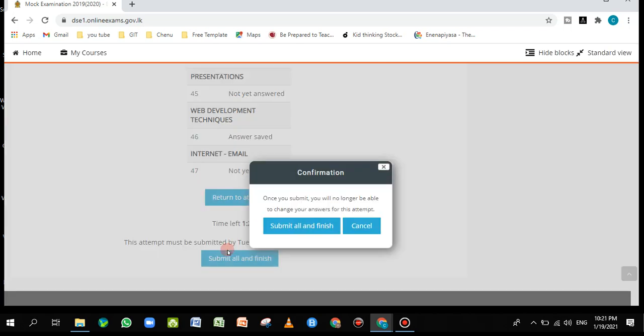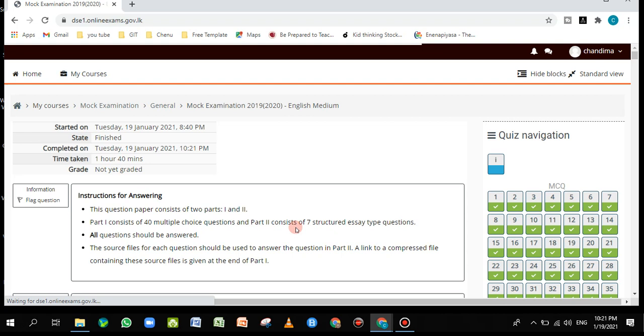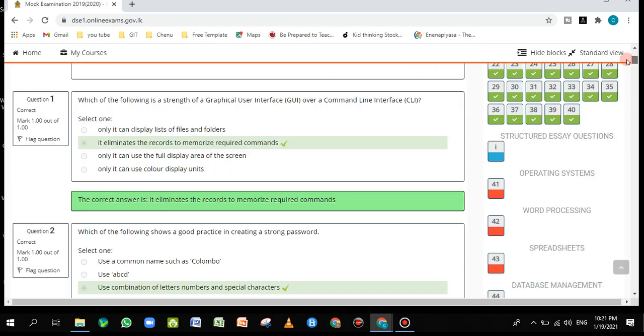Now I told you this is a mock exam. Here again it's asking for confirmation. This is a mock exam. You can do it any number of times. So it will show a review like this each and every time. But for the mock exam, the questions they are giving are the same.